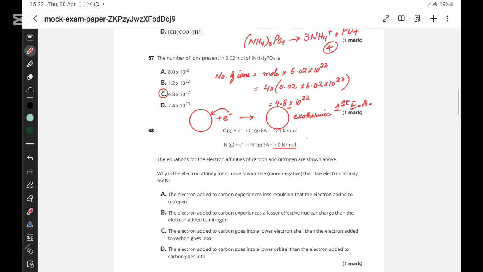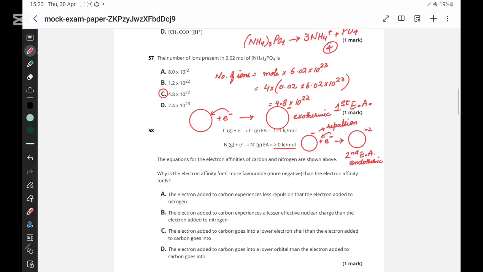So first electron affinity is exothermic because a force of attraction has been developing when an electron has been added to an atom. But as it is an ion, when another electron is added into it, it is going to have a -2 charge, and this second electron affinity is going to be endothermic. Why endothermic? Because as you are adding a second electron, there will be a force of repulsion. Then in order to overcome the force of repulsion, you need to provide energy.